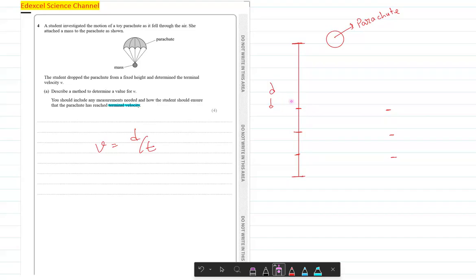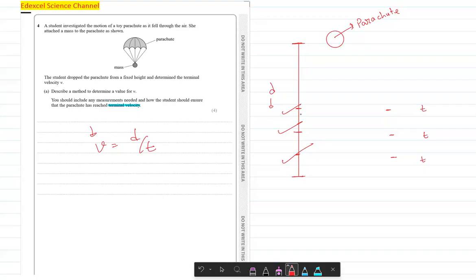So basically towards the end of the journey. So I want to put light gates towards the end. Those light gates are going to measure the time taken, right? Now I want to find out the velocity at each of these points. If the velocity is constant, then I can say that the terminal velocity has been reached.